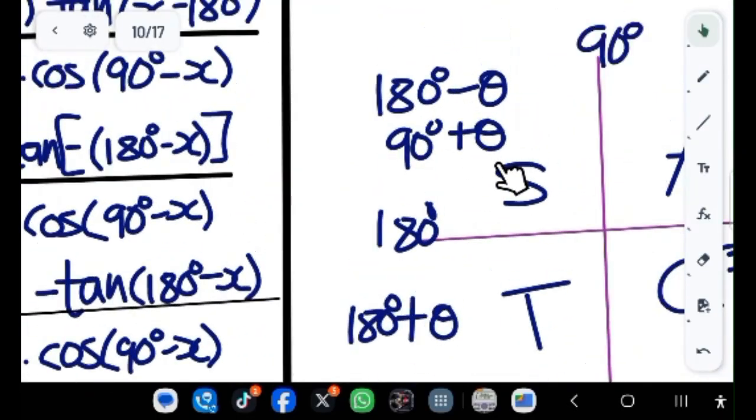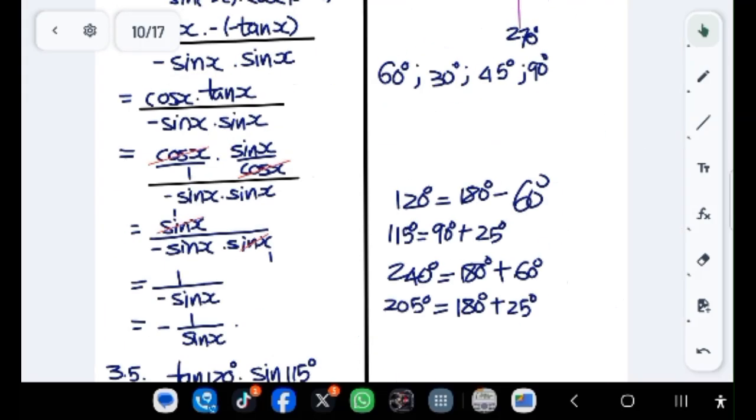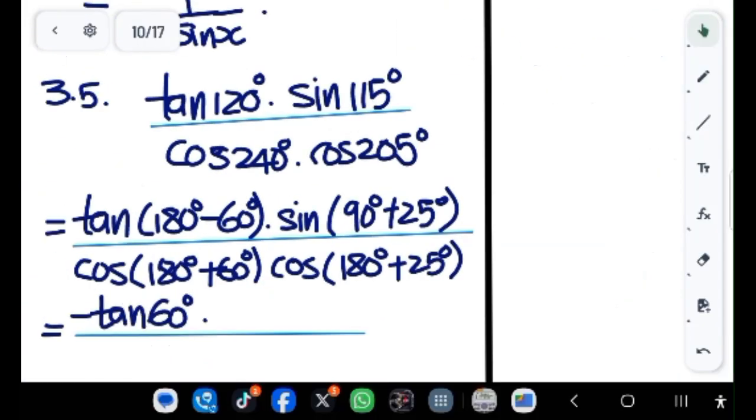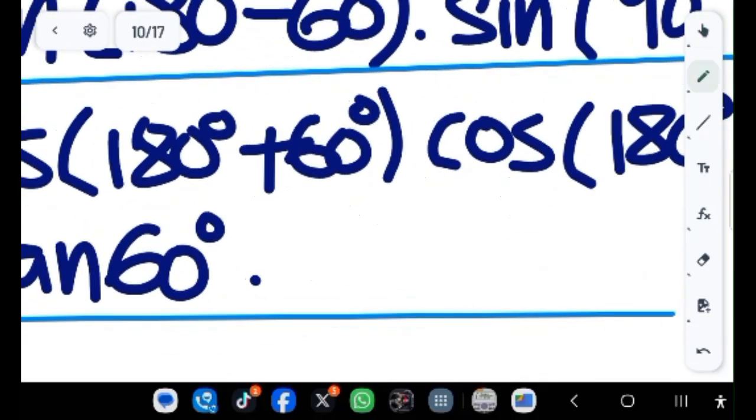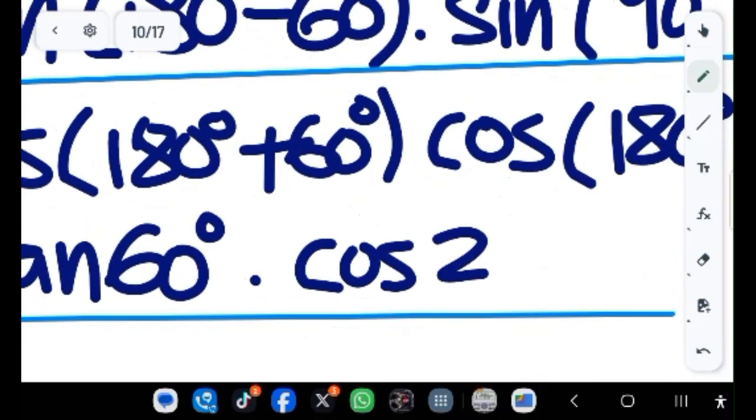Sine is positive in the second quadrant, but because of the 90 degree special angle, we're going to reduce that into its co-function, so that becomes cos of 25 degrees.